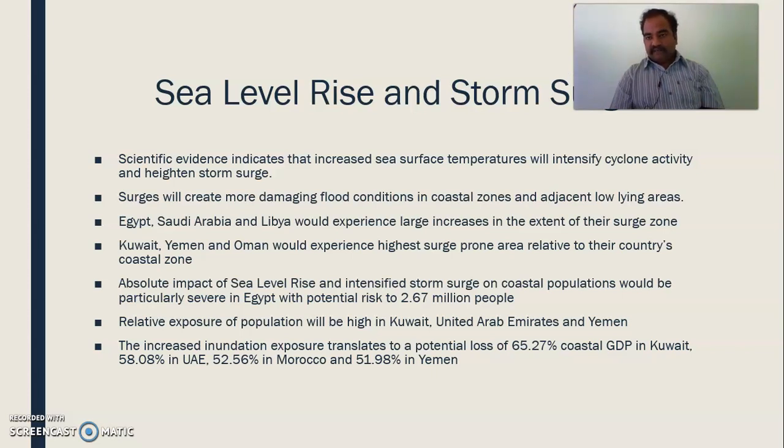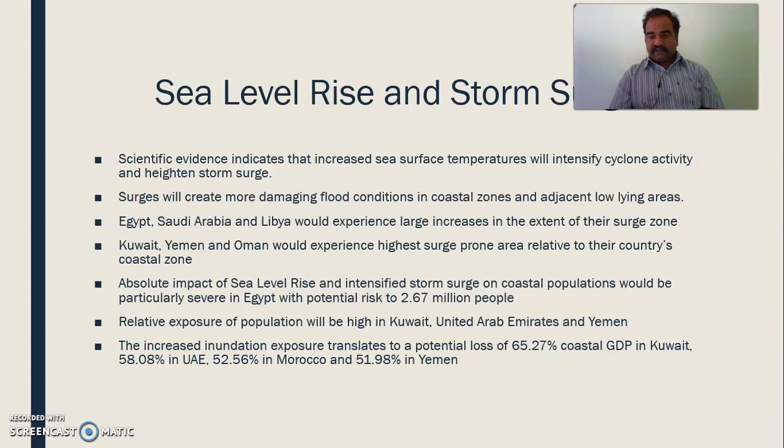If the same happens, the water levels in large water bodies will increase, thereby immersing coastal areas. There is also scientific evidence that the increase in sea surface temperatures will result in more cyclones and heightened storm surges.